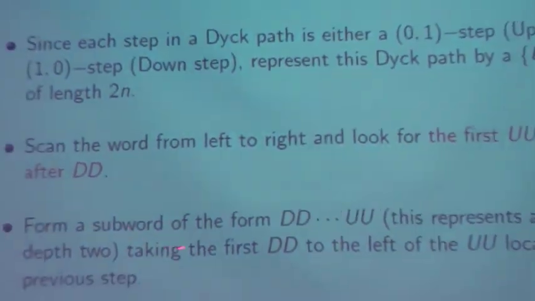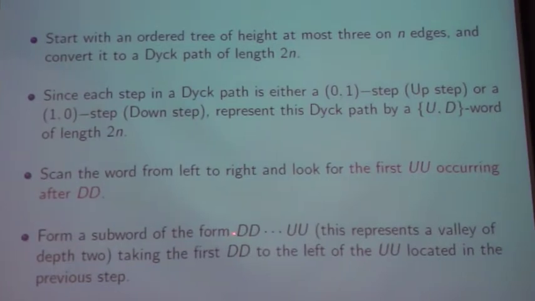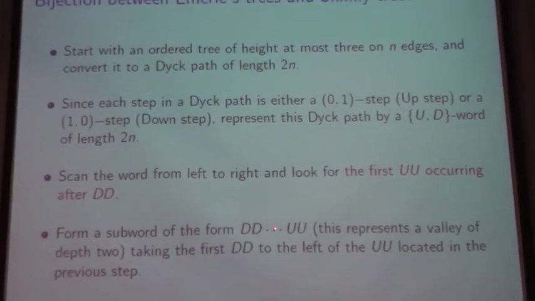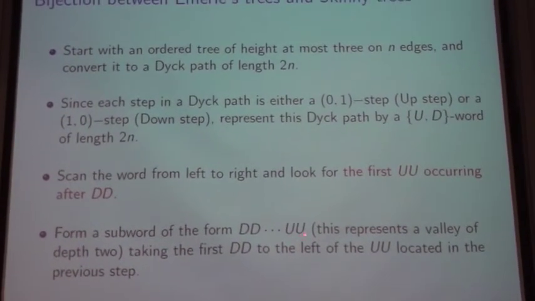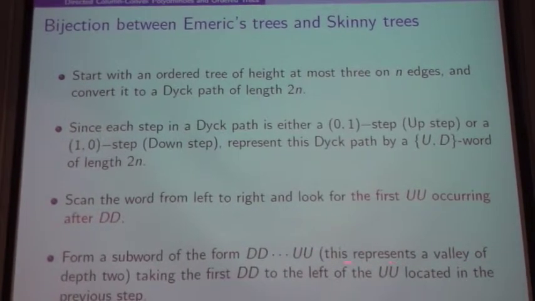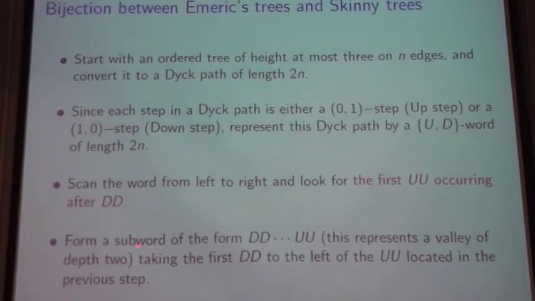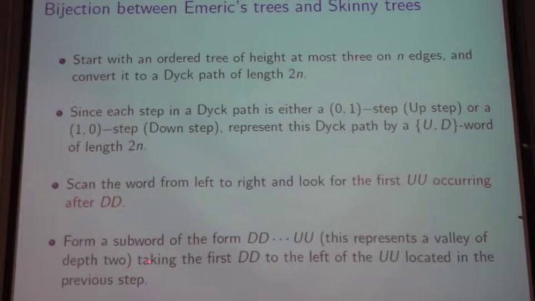So that can be done by looking for a subword of the form DD, it doesn't matter what you have in the middle, UU. Okay? And here this represents a valley of depth 2. Valley of depth 2 in the Dyck path language means that troublemaker there. Okay?